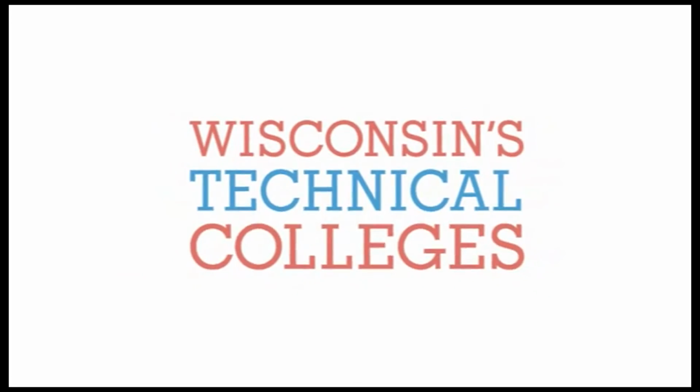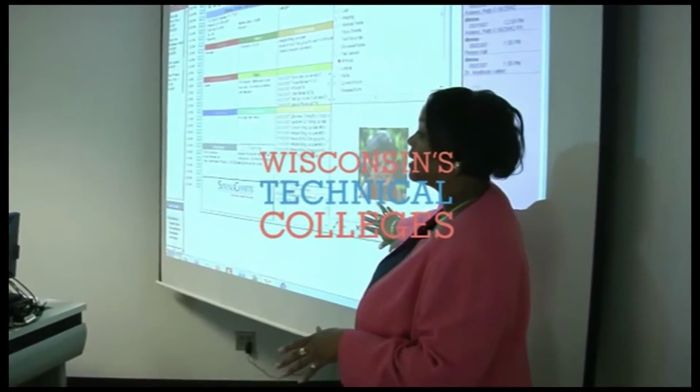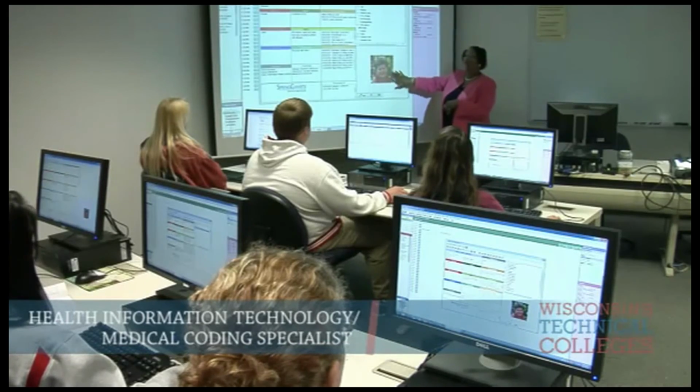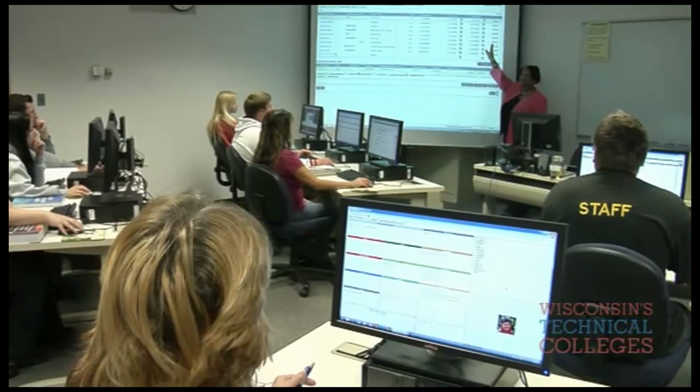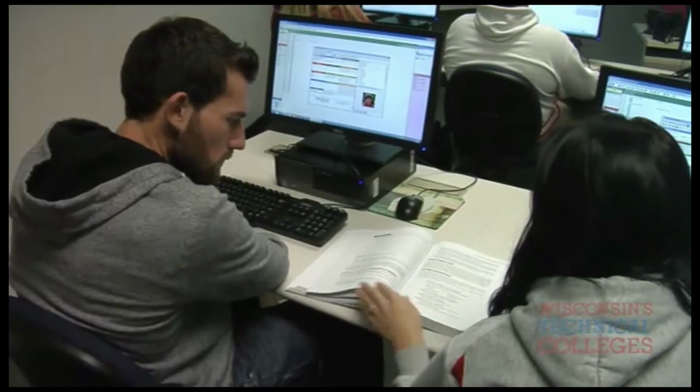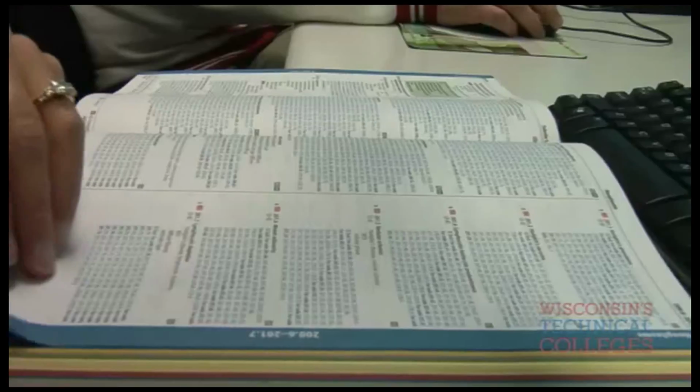So it's kind of critical for you to pay attention to what's documented in your medical record. Healthcare is a great field to get into. Health information technology is a really important part of any healthcare organization. We are preparing students to go out and manage all aspects of health data, electronically and in paper format. Class sizes vary between 15 and 22 students, so it's a good size to give them the attention they need to succeed in the course.